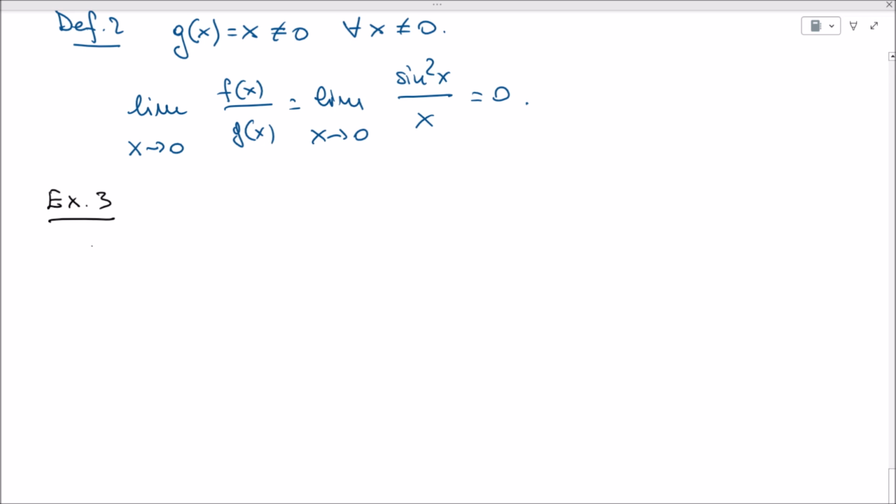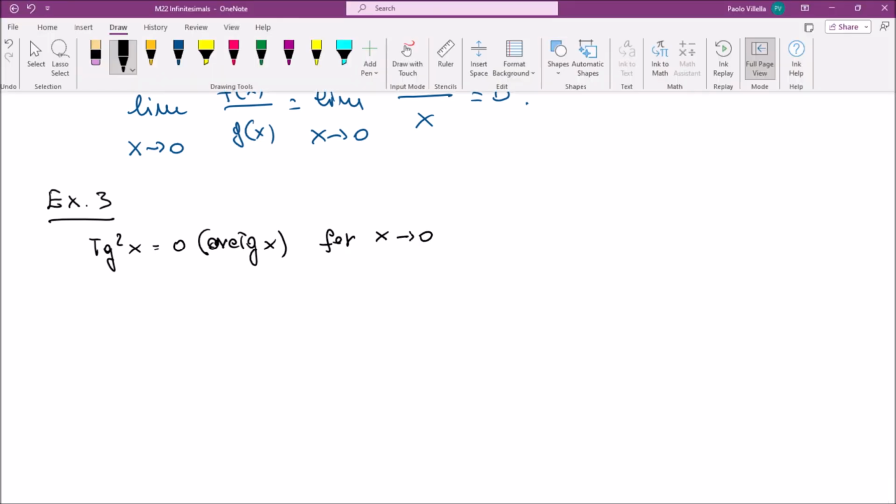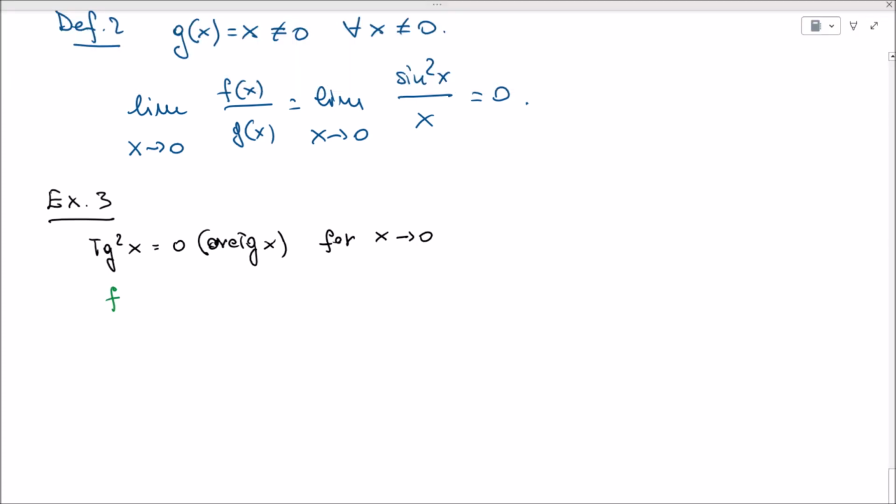So we have tangent square of x equal to small o of arc tangent of x for x that goes to 0. So in this case, f is just tangent square of x, g is arc tangent of x. Let's see if we can apply, or where we can apply the second definition to prove this.